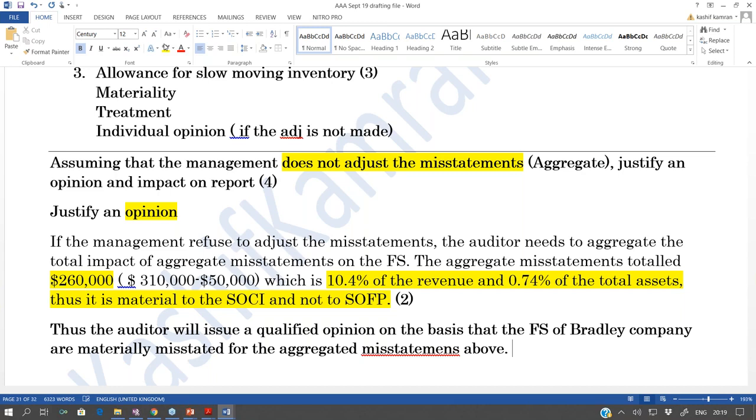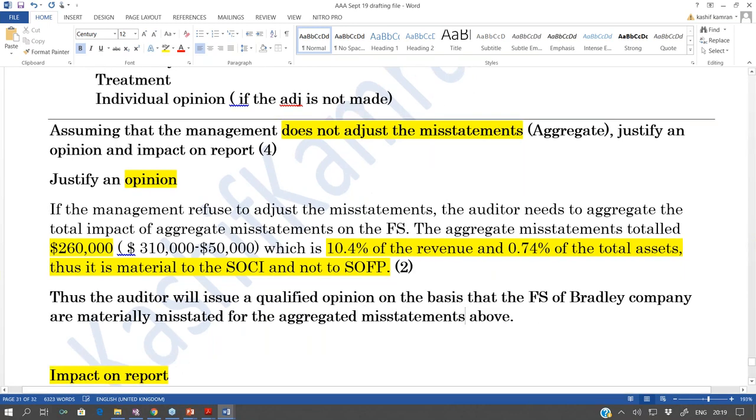Do you all agree with this? The auditor will issue a qualified opinion because they are materially misstated due to the aggregate misstatements. So am I getting the third mark here? Another 1 mark. 3.